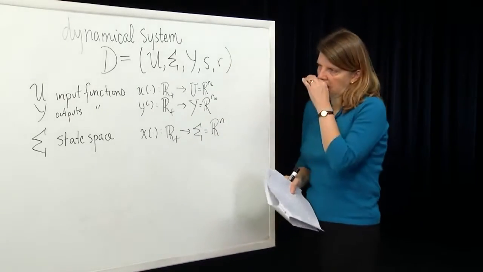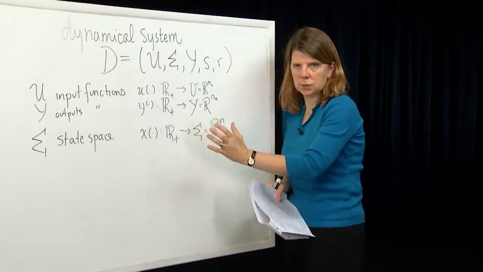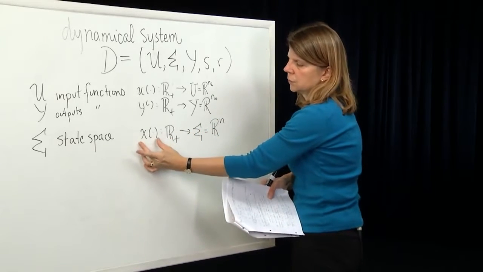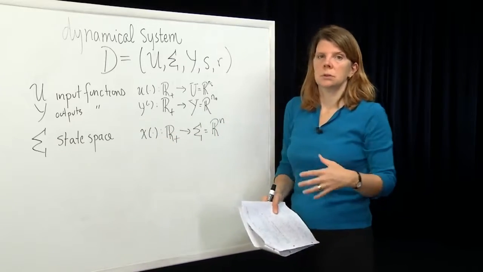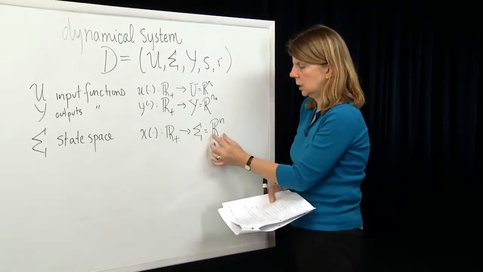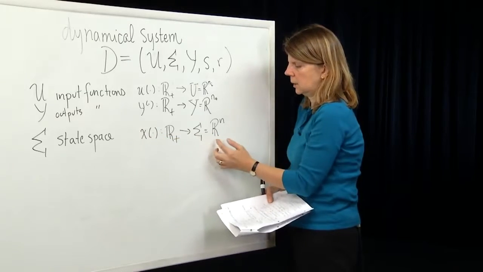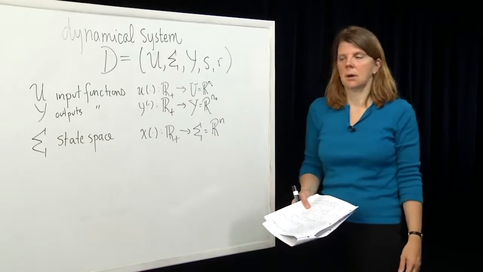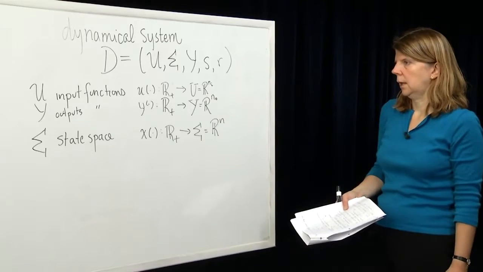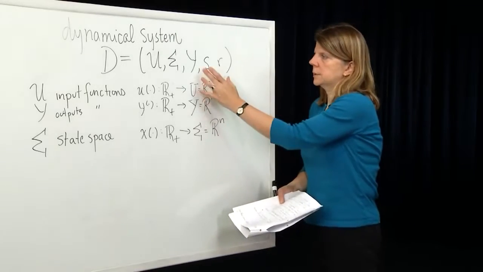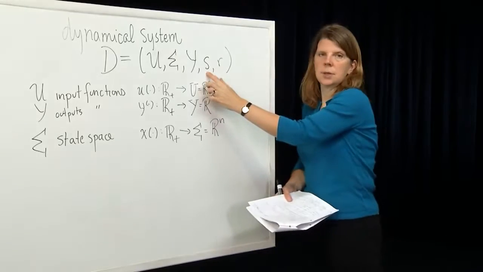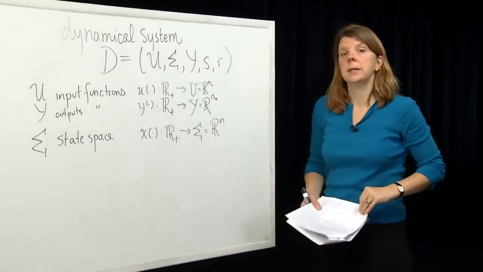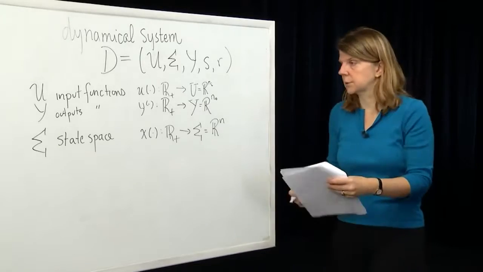Okay, so in the differential equations that we've been studying in previous modules, x represents, or it will represent, a candidate solution or a solution to the differential equation. So x instantiated at a point in time is a vector in Rn. Okay, so those are the 3 spaces, and then these functions s and r are called the state transition function and the readout map of the dynamical system.